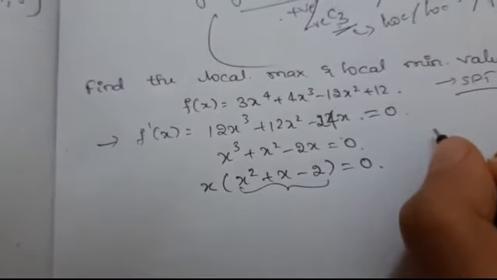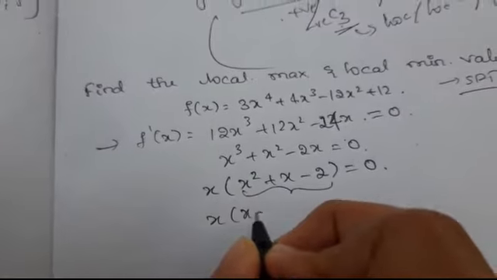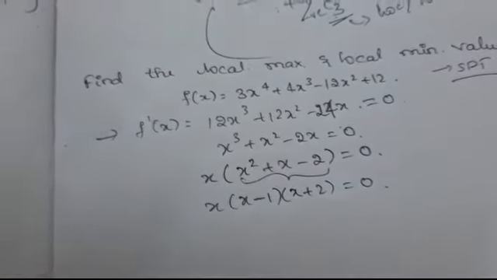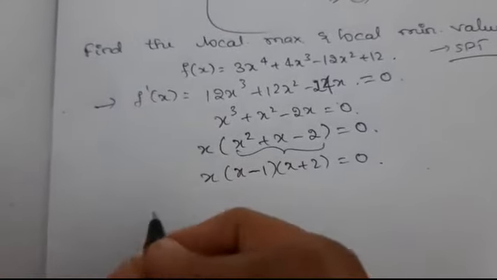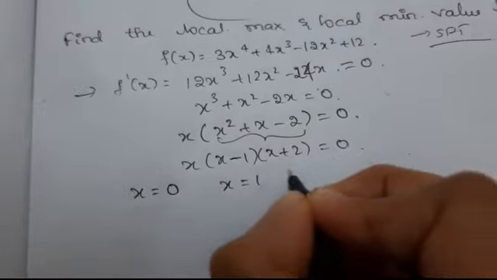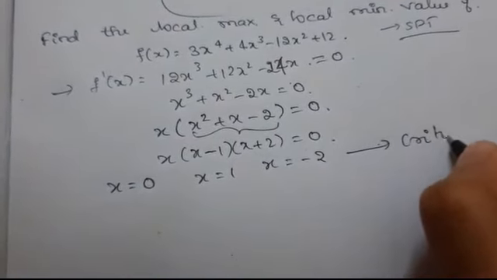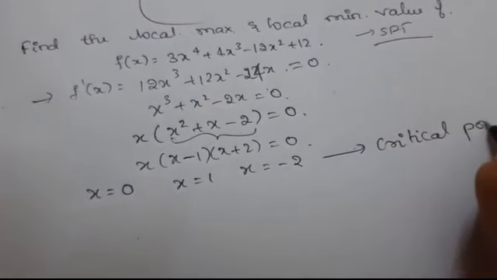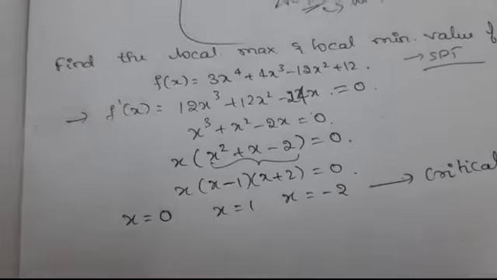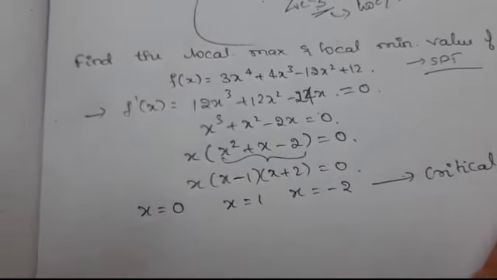Upon factorizing, x minus 1 into x plus 2 equals 0. So x equals 0, x equals 1, x equals minus 2. All these three are the critical points we have got right now.